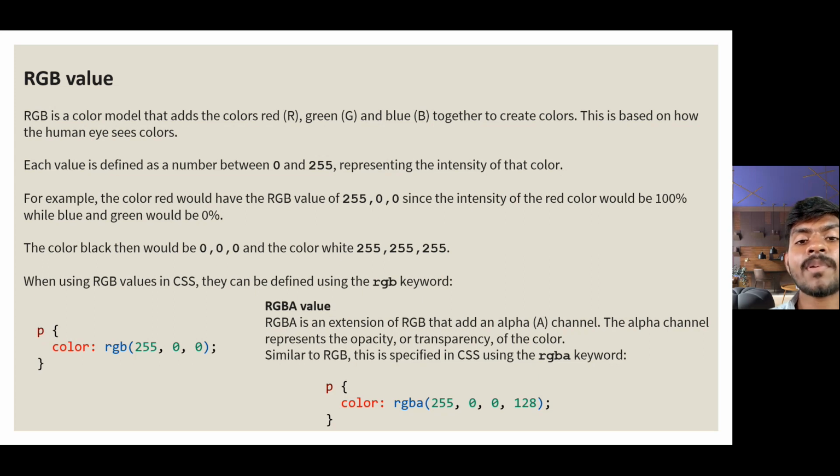The first parameter represents red, the second parameter represents green, and the third parameter represents blue. If we give 255 for all three parameters, we get white, and if we give 0 for all the parameters, we get black.